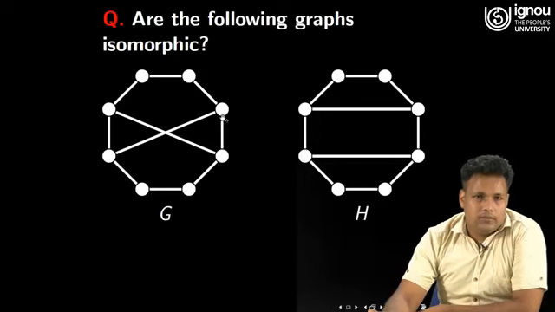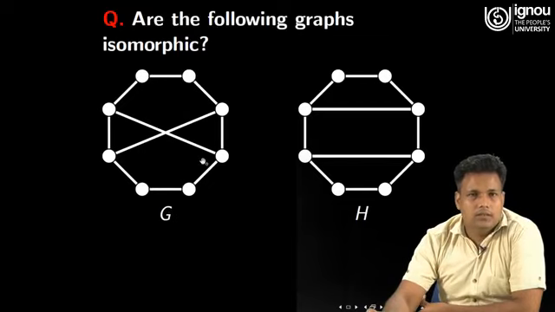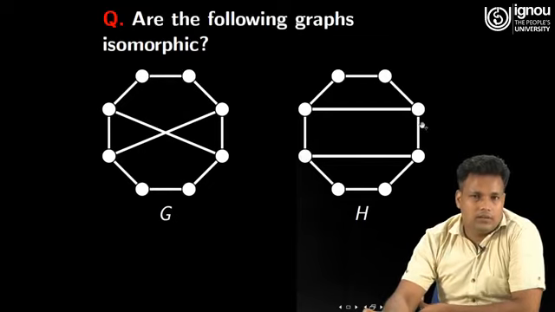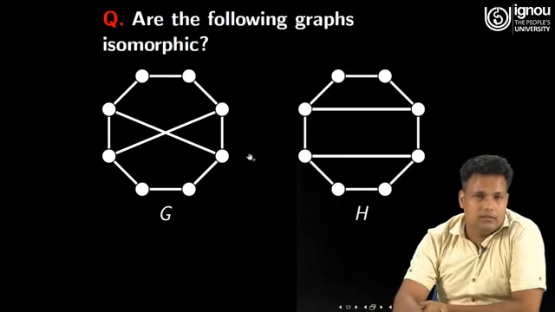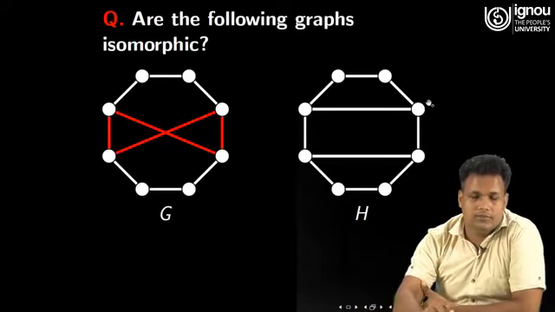So let's look at some other properties. G has no triangle, right, and H also has no triangles. Let's look at cycles of length 4. Does G have any cycle of length 4? Yes, we can see that this is a cycle of length 4, a C4, right. Does H have any cycles of length 4? Of course H has.